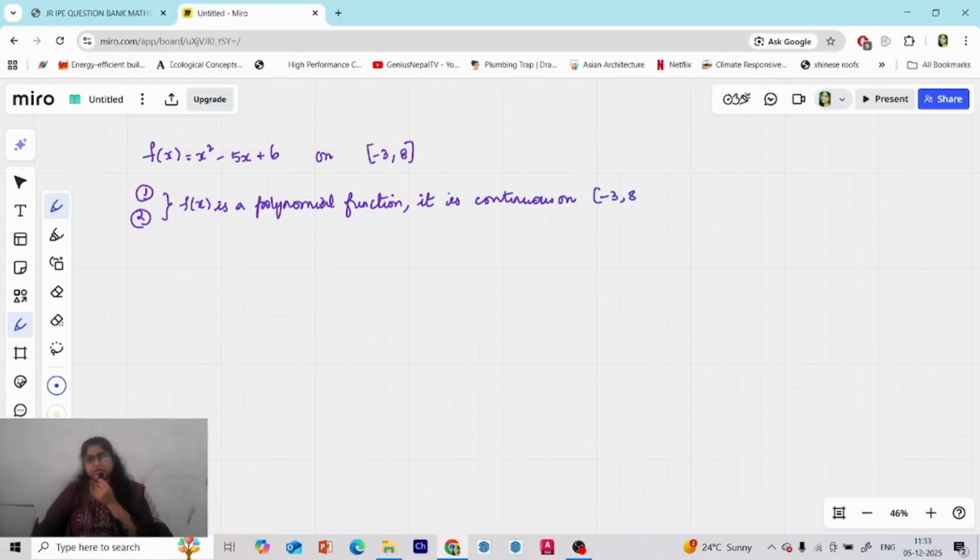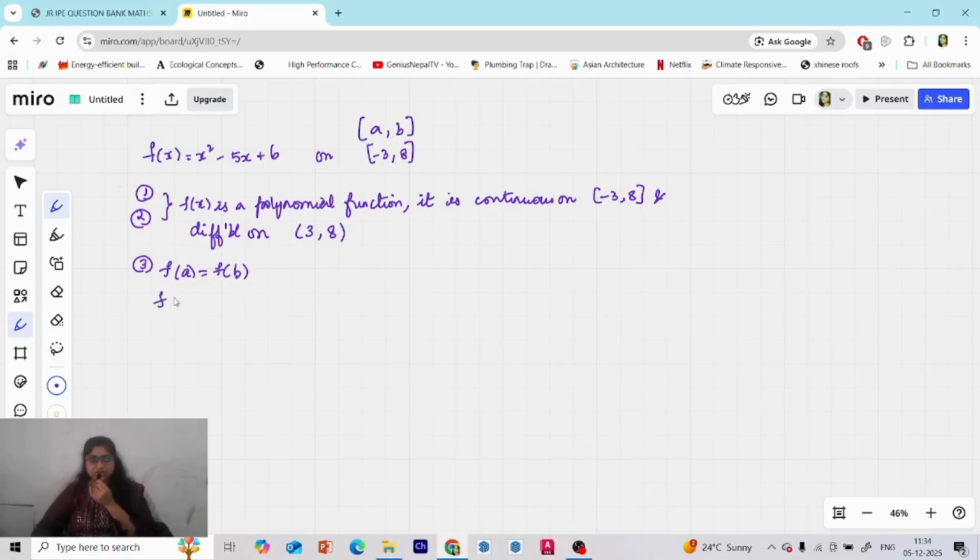So whenever you are writing for continuity, you will put a closed interval and differentiable. Please write the whole thing, full word, when you're writing an exam, and differentiable on 3 comma 8. And what was the third condition? It was that f of a should be equal to f of b. If this is your interval a comma b, then f of a should be equal to f of b.